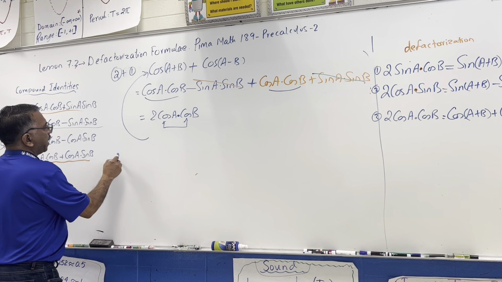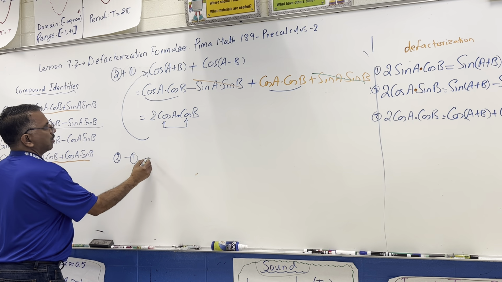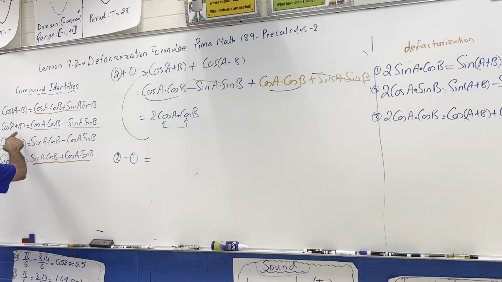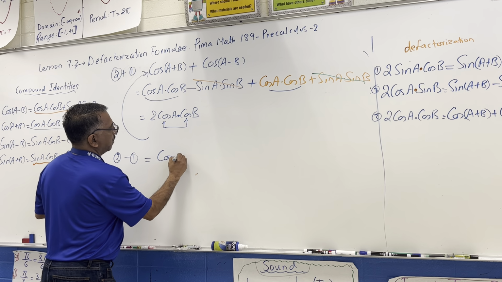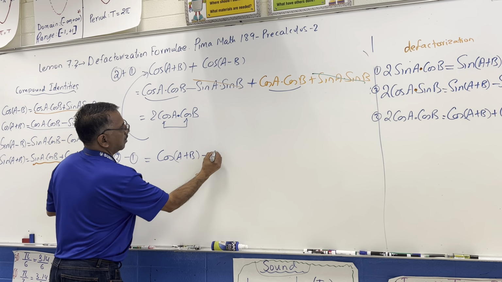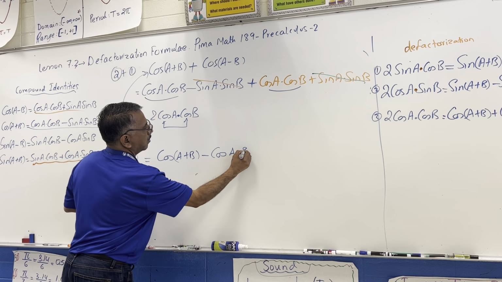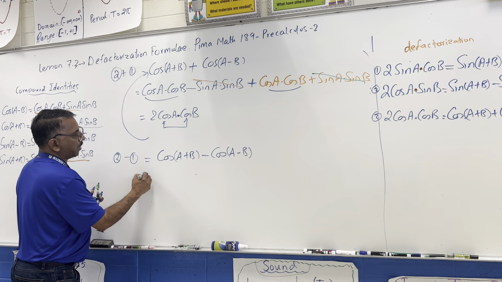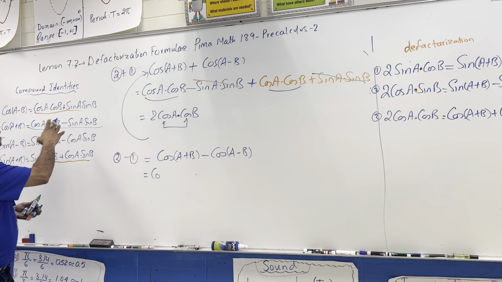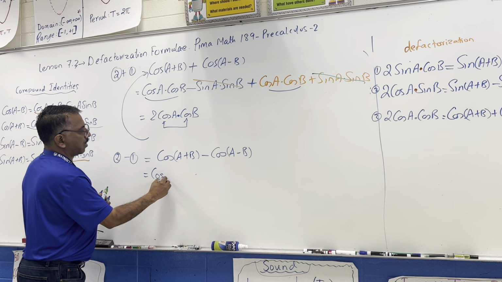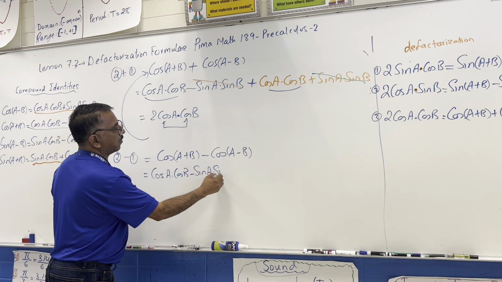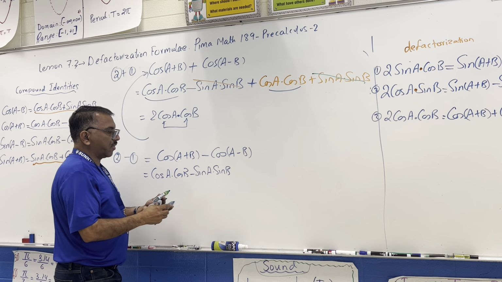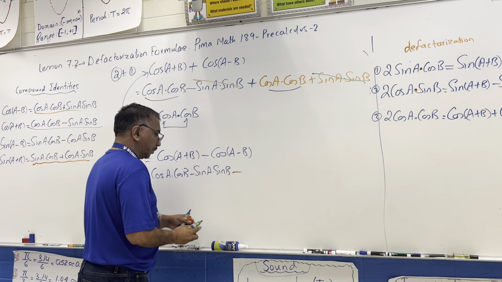And the last one, if I have to subtract 2 minus 1, okay, so 2 is again cosine of A plus B. Cosine of A plus B, let's directly write this part, which is cosine of A, cosine of B, minus sine of A, sine of B. Now here you need to be very careful, this is a minus sign.